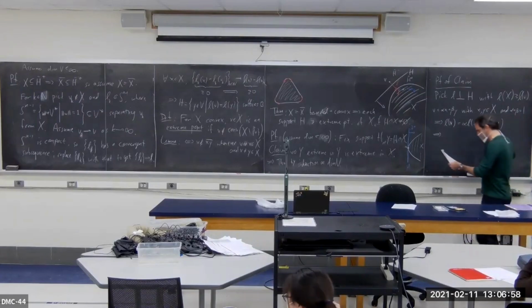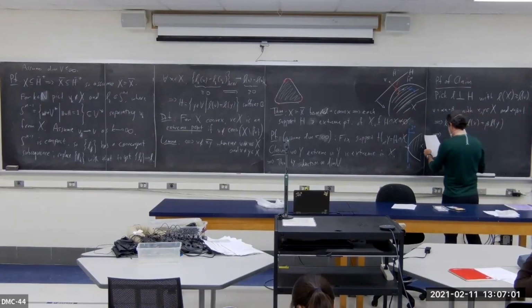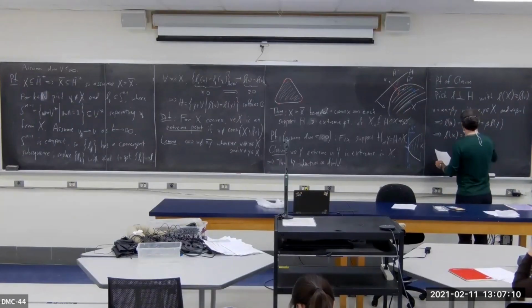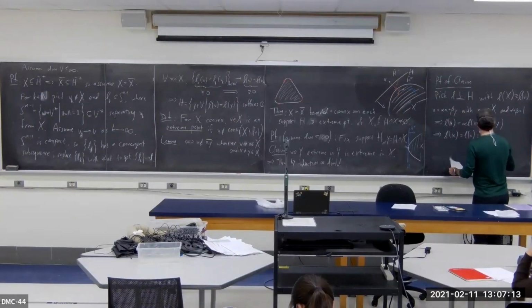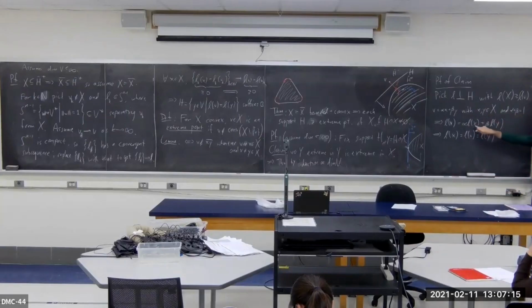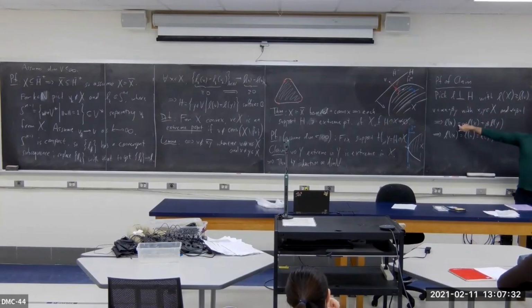Yes? And it's equal to L of V if and only if this one is L of V and that one is also L of V. So L of X is equal to L of V is equal to L of Y. Just think about what happens if this one was L of V plus epsilon. Then you'd get alpha times L of V, plus beta times L of V, plus something else, and the something else has to be 0 because this is an equality.